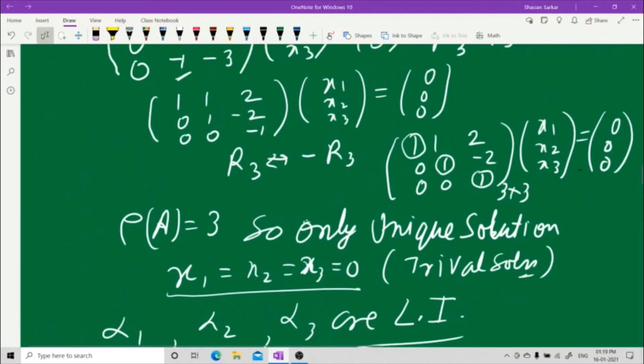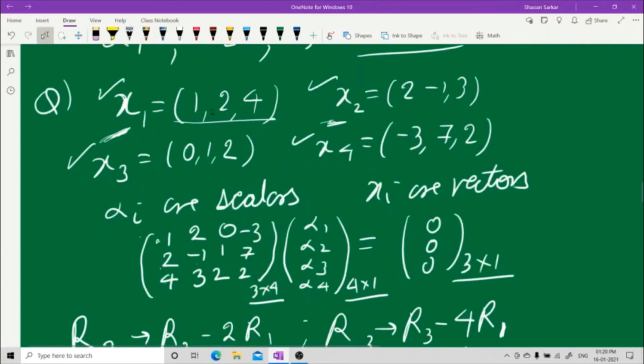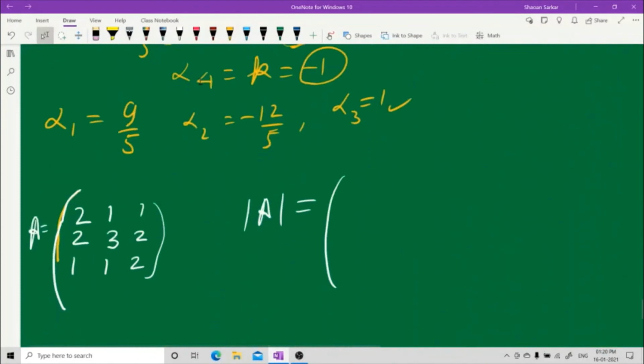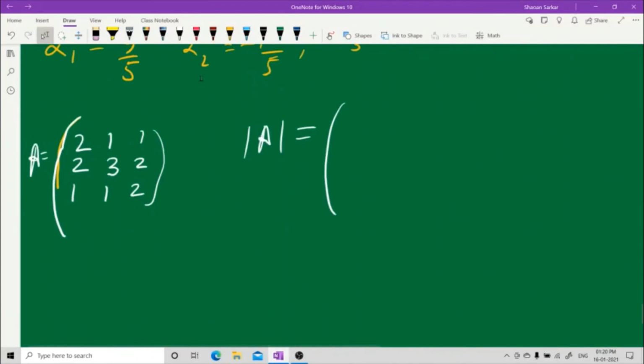See, I reduced it to 0, 1, 2, 0, 1, minus 2 and 0, 0, minus 1. See, I'm finding the determinant. I can use this determinant method also. I got this as 1, 1, 2, 0, 1, minus 2, and then made it 0, 0, 1.